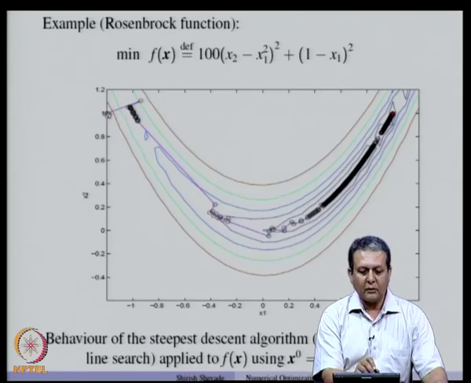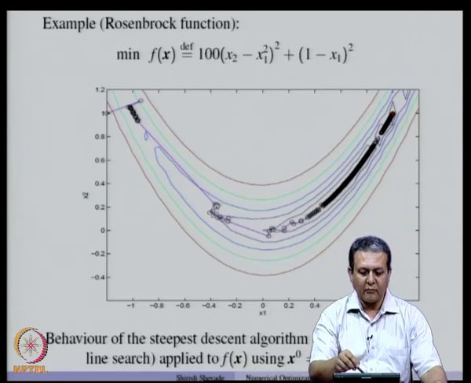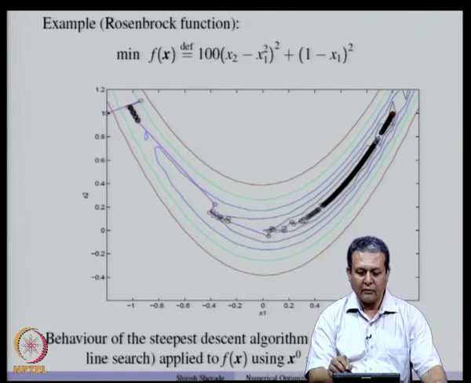suppose we start from -1.2 and 1. So, the first step that is taken is to this point, then the second step comes back to this point, and then you will see lot of small steps before the algorithm takes a big step to this point, and then again lot of small steps, then again a reasonably big step, and then lot of small steps.